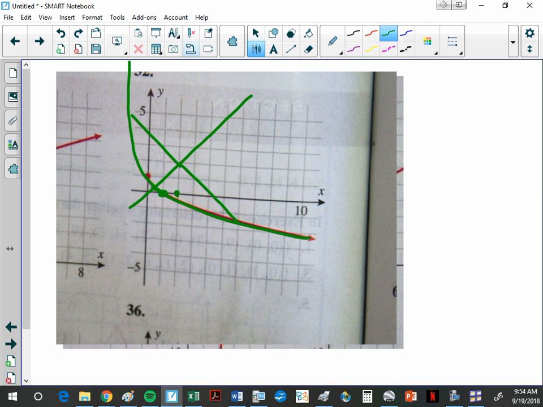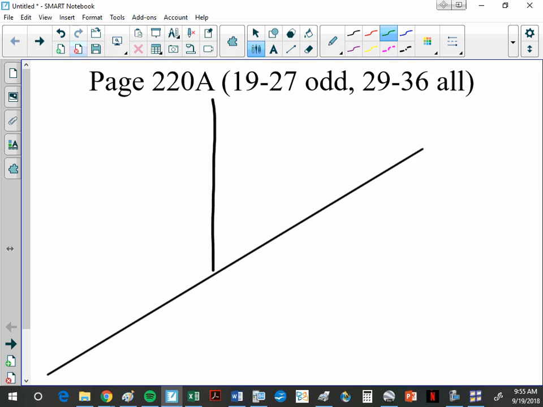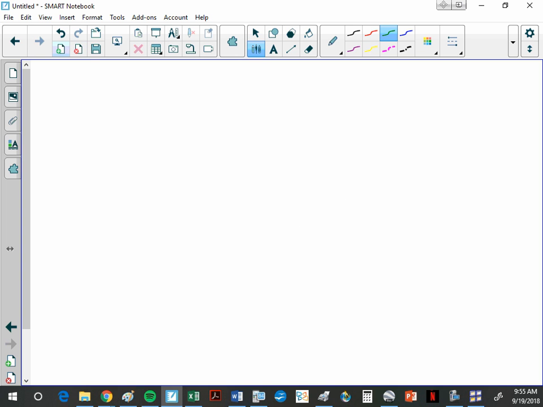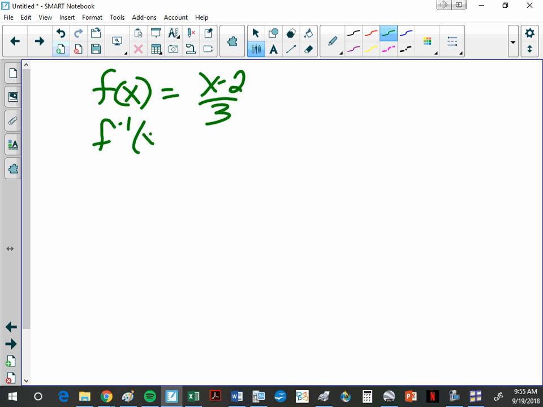Okay. Well, on the first set, it wants you to graph them to verify that they are inverses. So let's do number 20 together. Number 20 says, f of x is x minus 2 over 3, and f inverse of x is 3x plus 2.